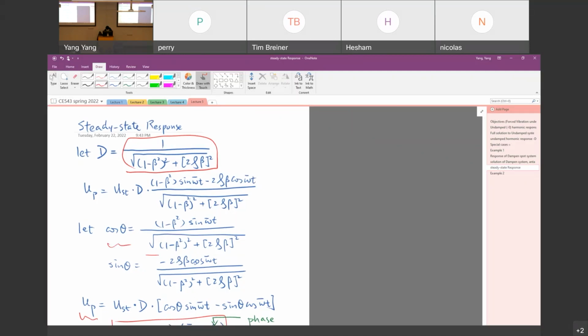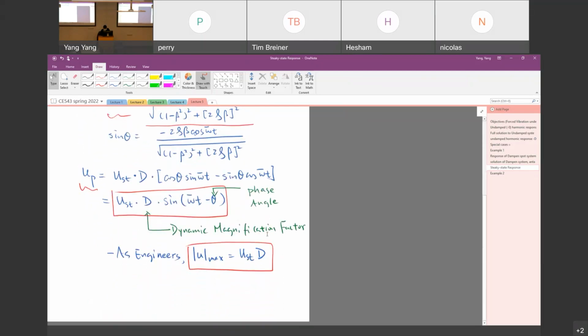The theta can also be a function of the damping ratio as well as the frequency ratio. So actually, for a damped system, we also have a response called resonance here.